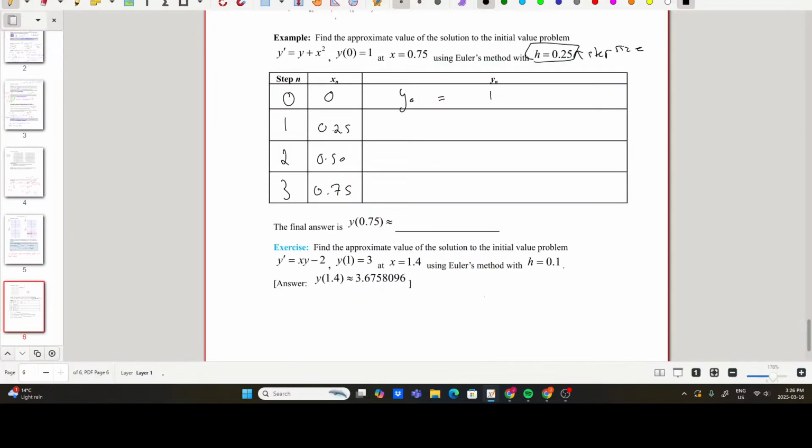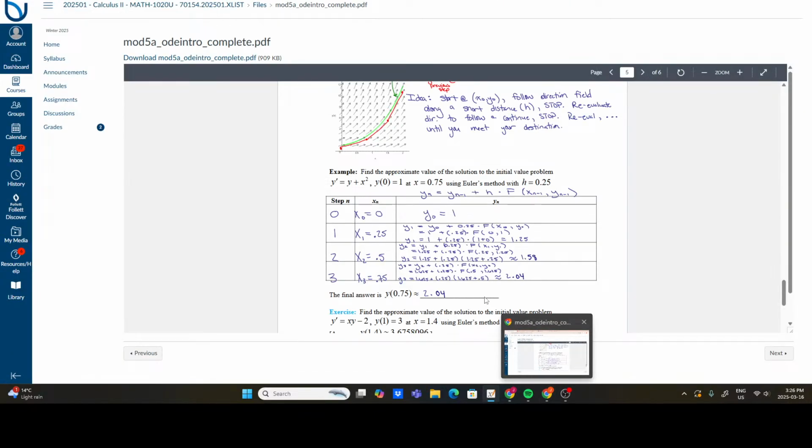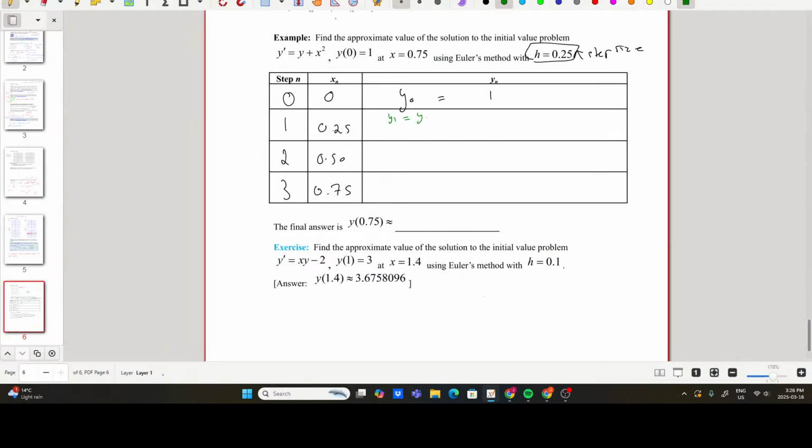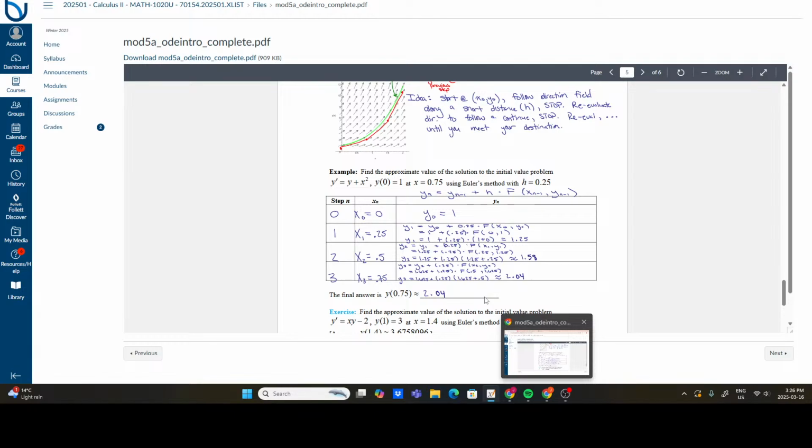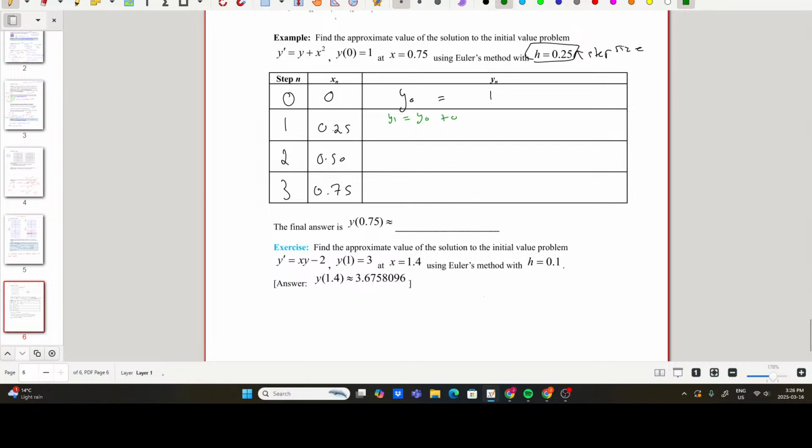So the formula is, y1 is going to be equal to y naught, plus the step size h, 0.25, multiplied by f of x naught, y naught.